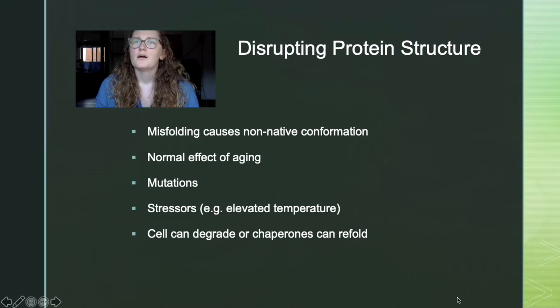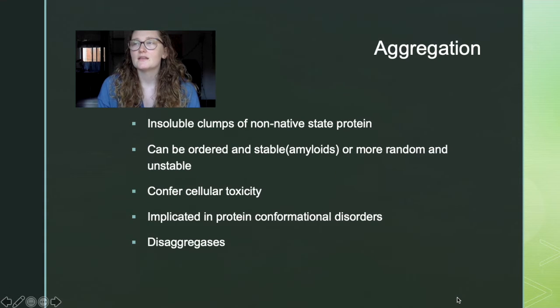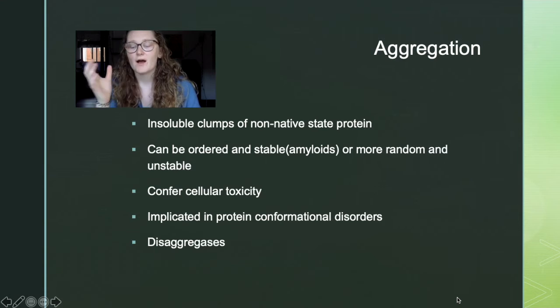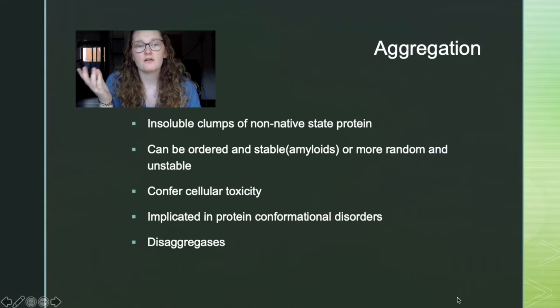But sometimes those pathways, those mechanisms can get a little overwhelmed, and what you end up with is a lot of non-native protein in your cell, and that leads to something called aggregation. Now, aggregates are insoluble clumps of non-native state protein. Basically what happens is you have these non-native state proteins that aren't very stable because they're not folded correctly.